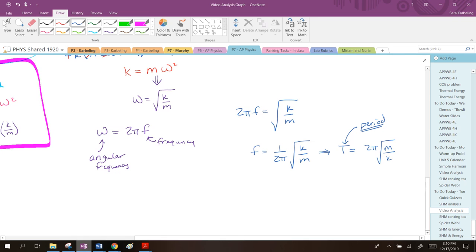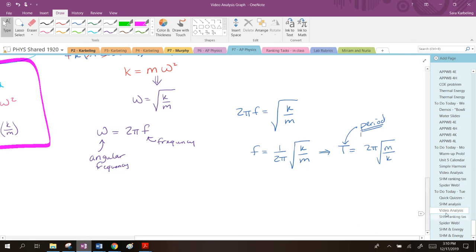Remember, period is the reciprocal. So the period for this thing to bounce back and forth is dependent on what, friends? 2 pi, we don't care about that. Dependent on the mass and dependent on the spring constant.